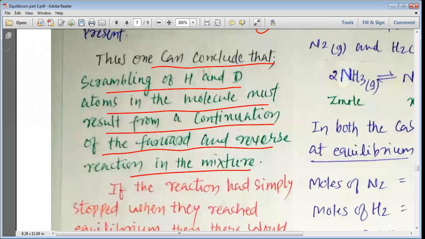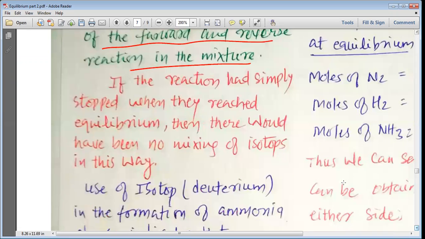See, the scrambling of hydrogen and deuterium means interreaction between the hydrogen and deuterium, and at the same time interreaction between the nitrogen and deuterium. That was possible because when we mix the two equilibrium mixtures, there was a reaction going on, but the concentration of all the species remains constant.